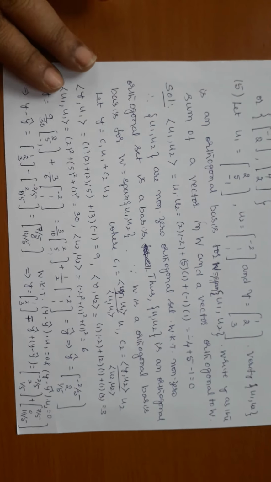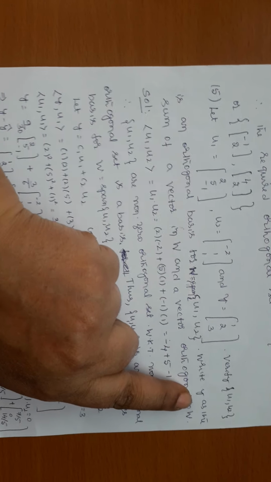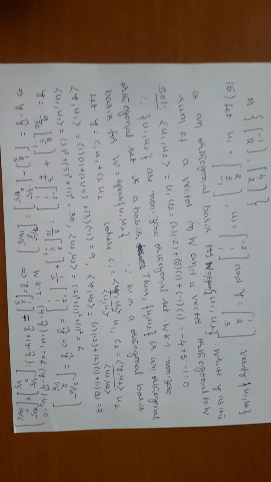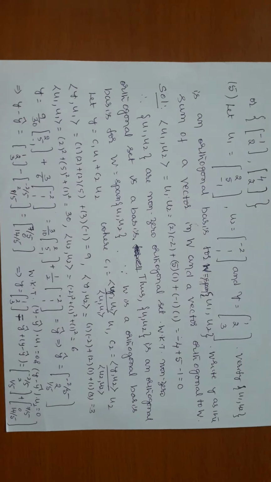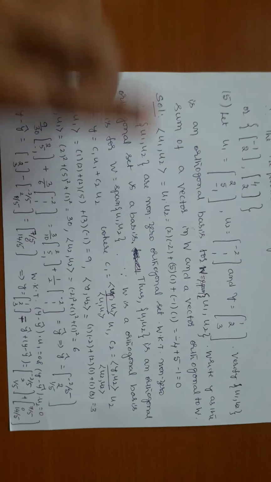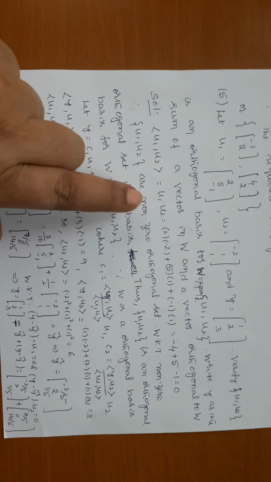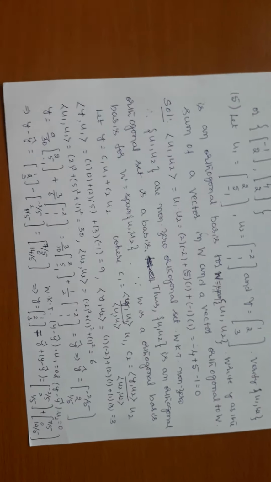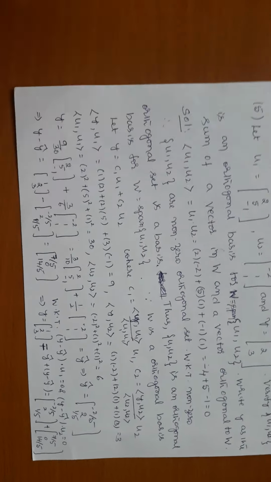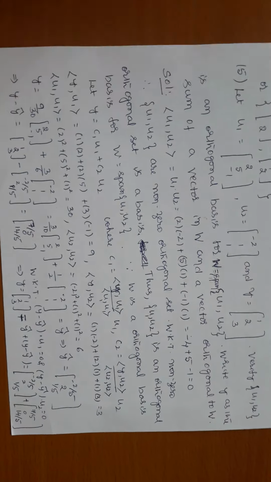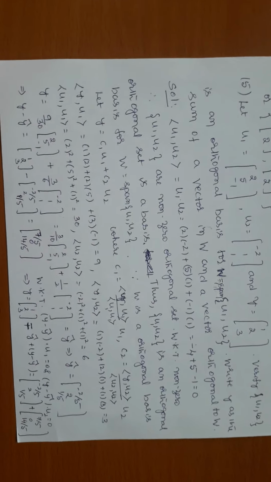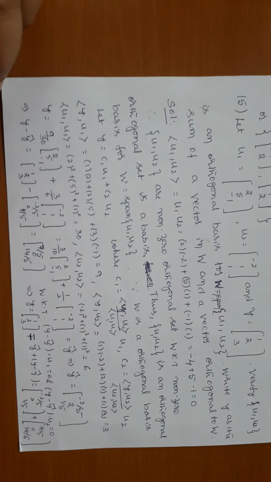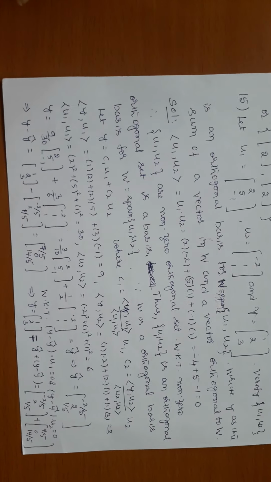Next, they want us to write y as the sum of vectors in W. This means y can be written as a linear combination of vectors in W. What vectors do you have in W? W has the vectors u1 and u2. You already know that it is an orthogonal basis. Recall from the previous video, maybe my second or third video, where I derived one result.